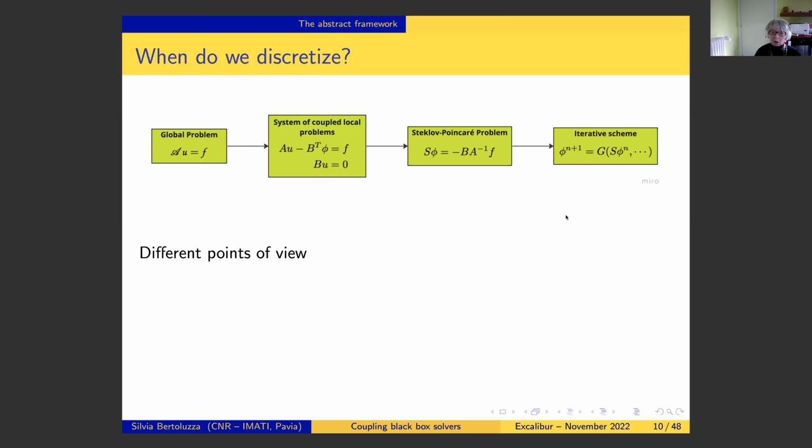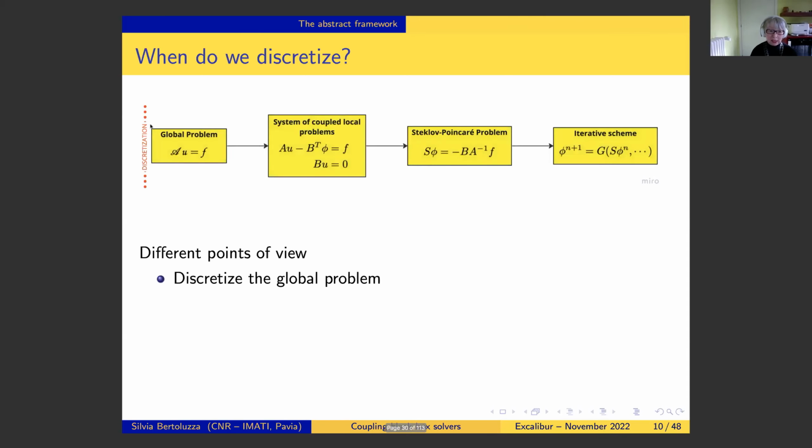But where we think of introducing the discretization gives you different points of view on how to look at the algorithms. It doesn't necessarily give you different algorithms, but different points of view and different ways of writing sufficient conditions, for instance, for convergence. You can discretize the problem at different levels.